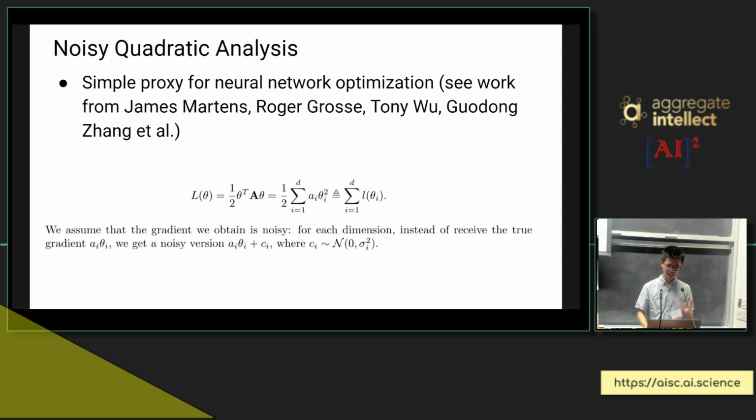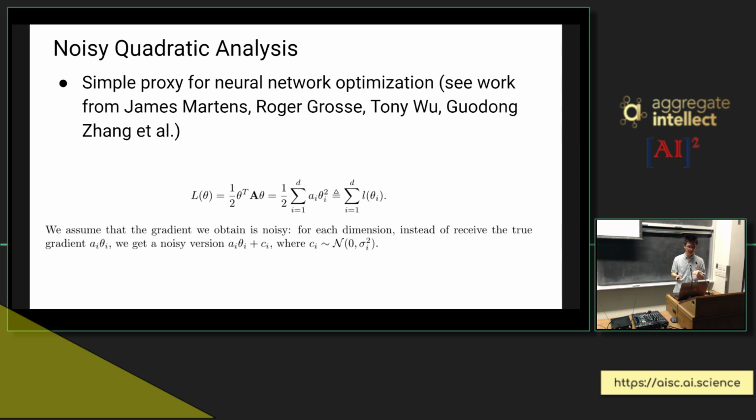To explain more mathematically why this works, we can look at the noisy quadratic analysis. This has been a model used as an easier way to explain phenomena that occur in deep neural network optimization, since it's typically hard to analyze that directly. There's a lot of good work from James Martens, Roger Grosse, Tony Wu, and Guodong on the noisy quadratic model. Essentially, we assume a quadratic model of the loss where thetas are parameters.